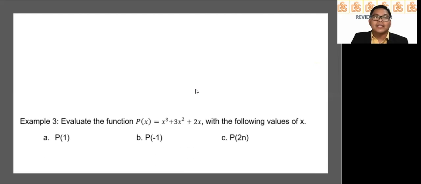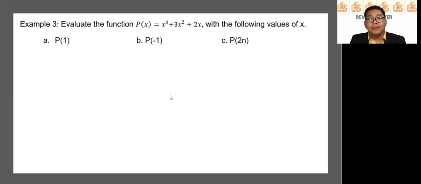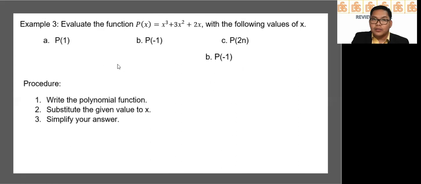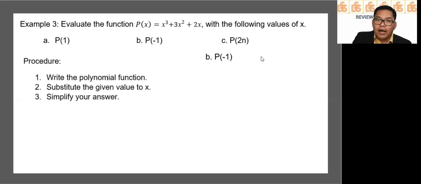Okay, so let's have our third example. Evaluate the function. This one is a cubic function, a polynomial function, with the following values of x. At this point, we will only use letter B, p of negative 1. You may try later p of 1 and p of 2n.